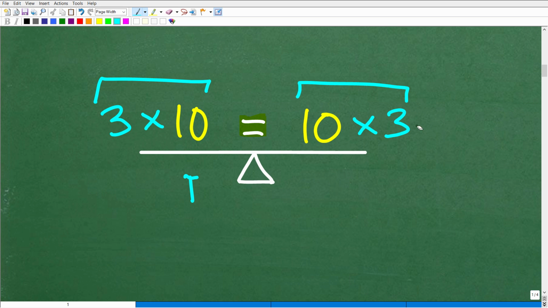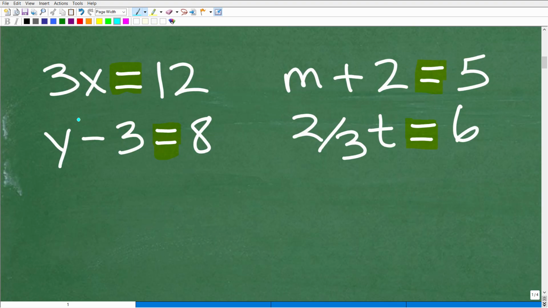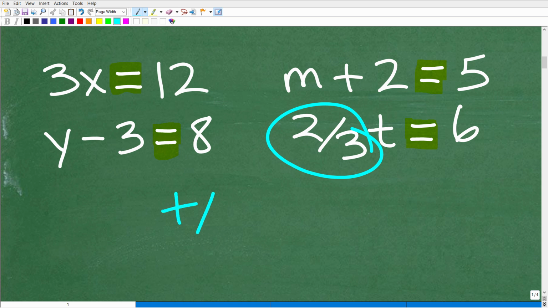Now, if you can keep that concept in mind, I think you'll be well served with other types of equations. We're going to get into the specifics of each of these types of one-step equations. But before we get going on that, it is important, since we're dealing with fractions, like right here, that you need to be up to speed on your positive and negative numbers and fractions.